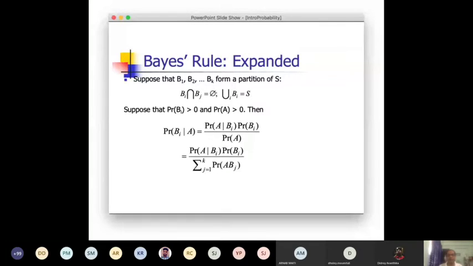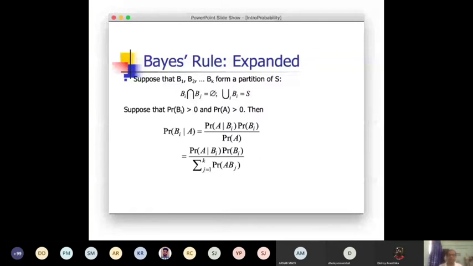So this A can occur with any one of these particular events, B1 to Bk; they can jointly occur. The example was that grass could be wet: either there is rain or there is no rain, still the grass could be wet. Only two possible events will happen with the occurrence of wet grass.